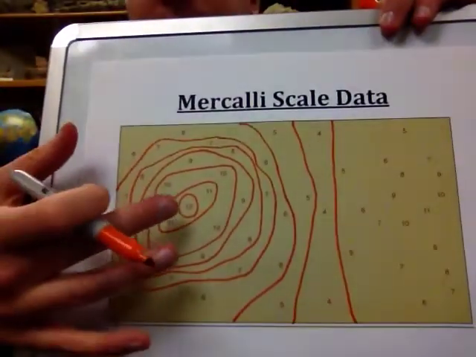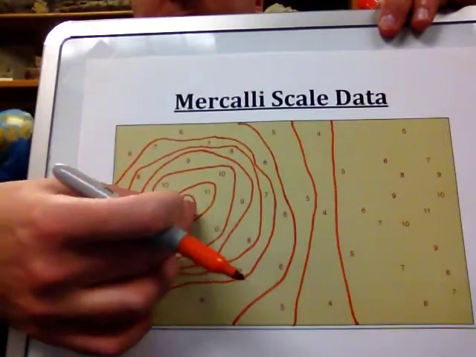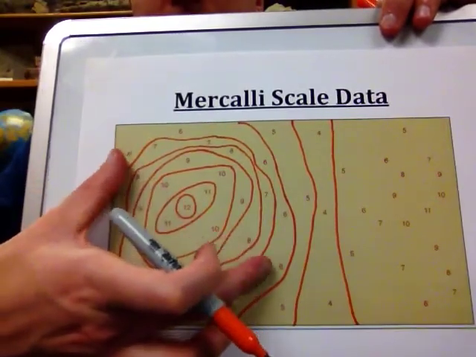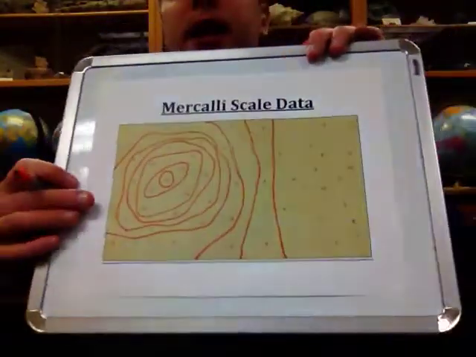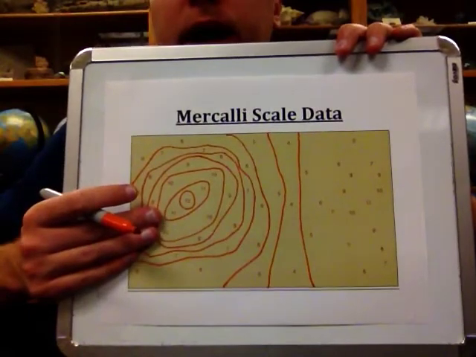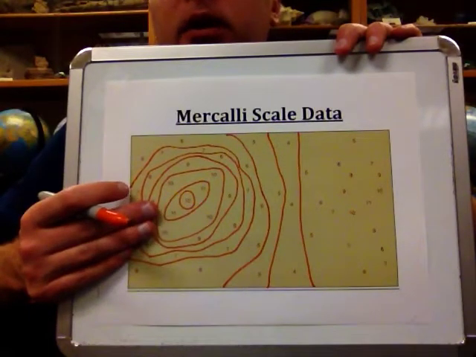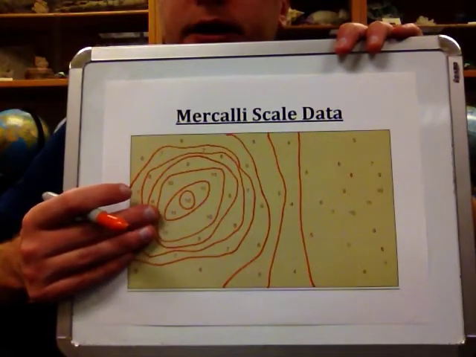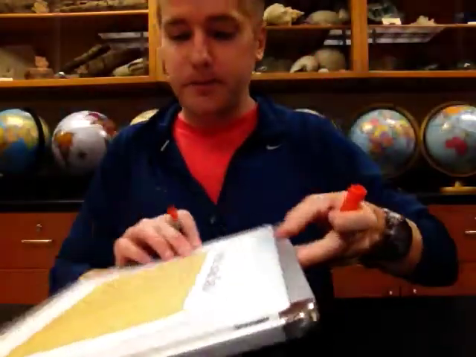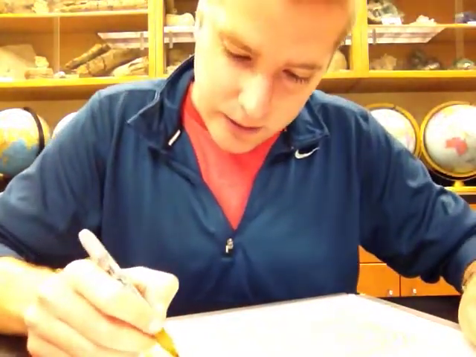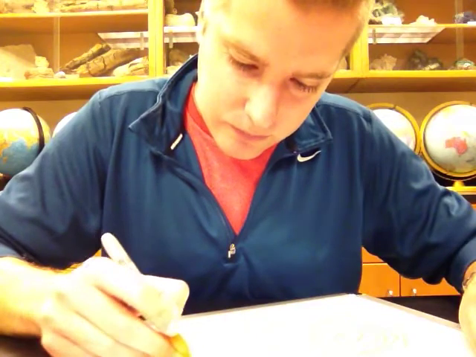We can see the center of intense shaking, and it's getting less and less amount of shaking and damage as we move out. And this could be from what people replied to a survey with, or surveying the destruction and damage after the earthquake. And then I'll draw this one.